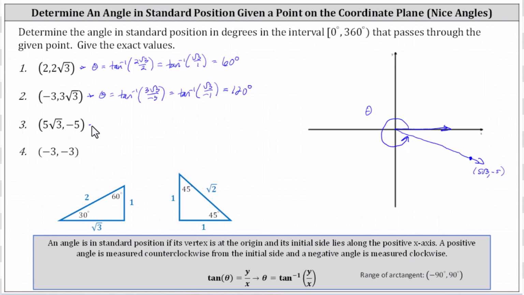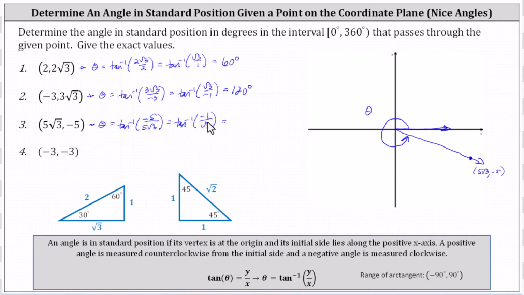This indicates that theta is equal to the inverse tangent of y divided by x, which is negative 5 divided by 5 square root 3, which equals inverse tangent of negative 1 divided by square root 3, which again should remind us of a 30, 60, 90 reference triangle.